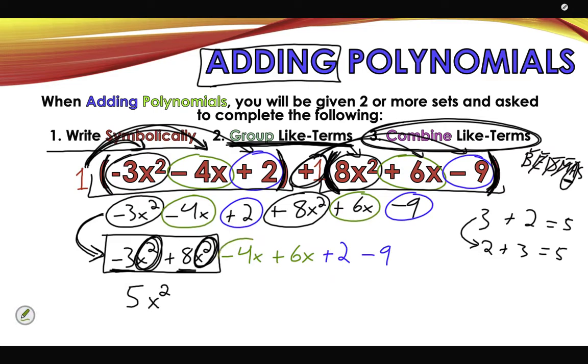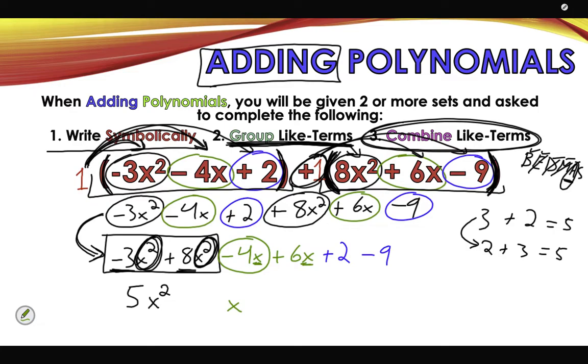Then I have negative 4 of just a regular x and positive 6 of a regular x. So when I want to combine these two, I'm not going to do anything funky with the x. Same thing, that x is just going to stay right there. The only reason why I have it is that it's the same thing as x squared.